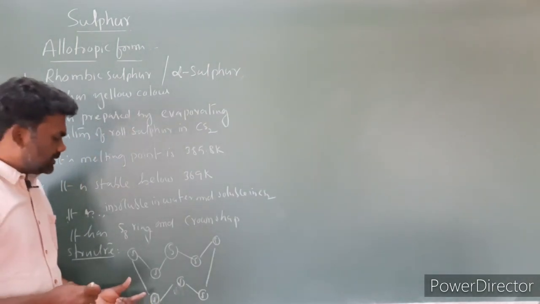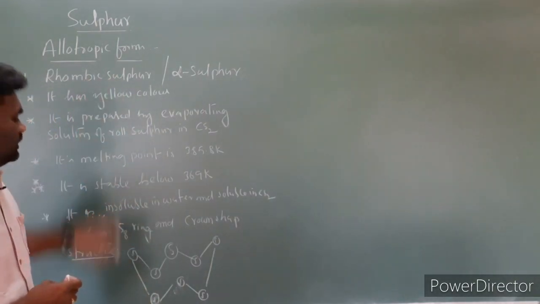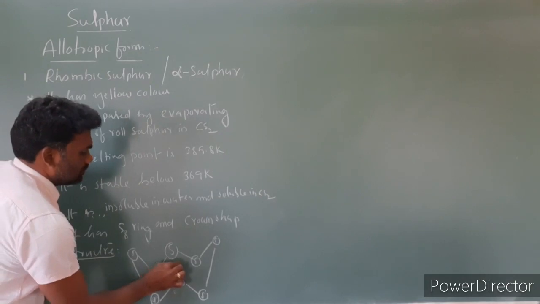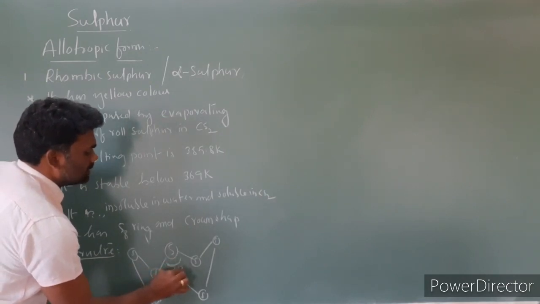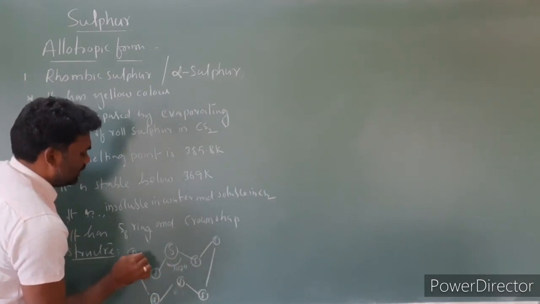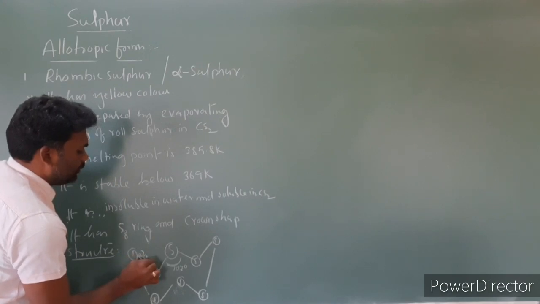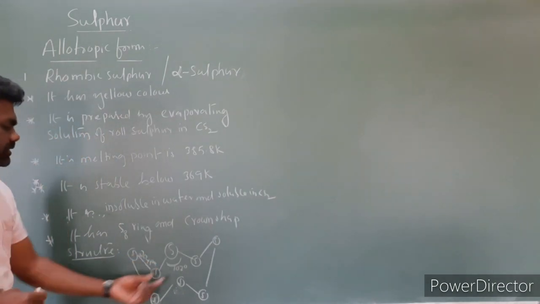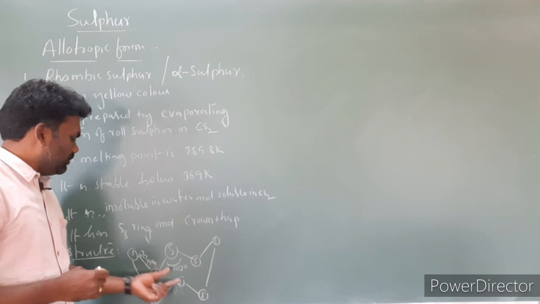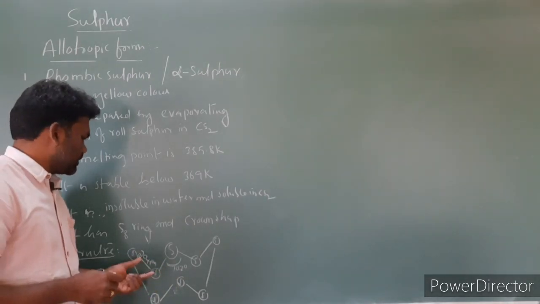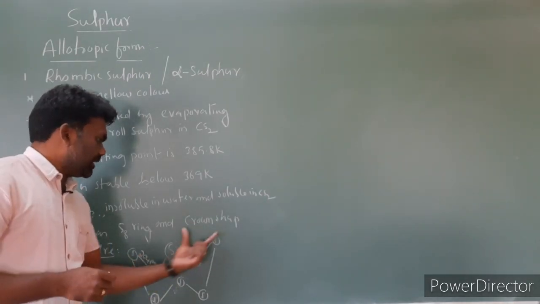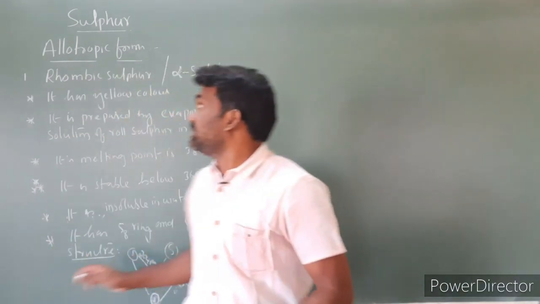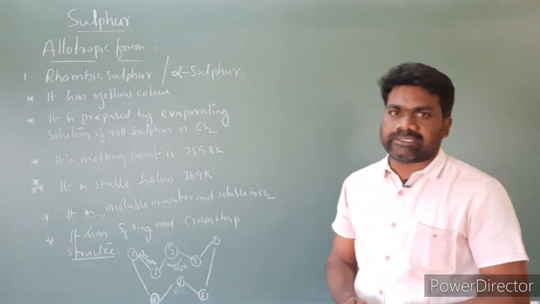So, this is the structure of rhombic sulfur. The bond angle is 107 degrees and the bond length is 204 picometers. It has a crown shape. So this is rhombic sulfur.